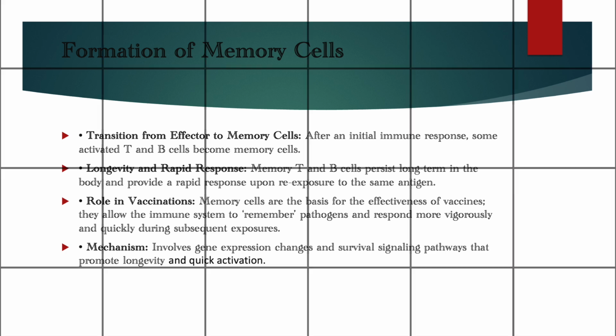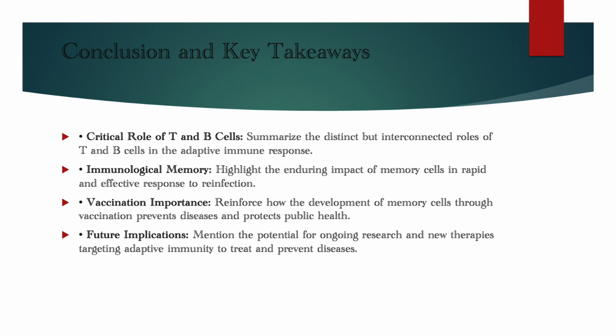Alright, this is where we wrap things up, and as we conclude our exploration of the adaptive immune system, let's reflect on the critical roles played by T and B cells. These cells are the backbone of our body's targeted defense against pathogens, each performing unique functions that are vital for detecting and eliminating threats.